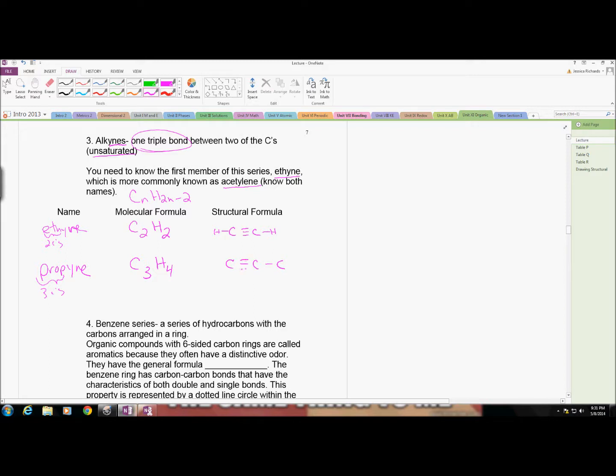Again, put the triple bond on carbon number 1 to make things easy. This first carbon needs 1 more bond to give him a total of 4. This middle carbon already has 1, 2, 3, 4 bonds, so he doesn't need any hydrogens. And the last carbon needs 3. Again, the most common mistake is to put too many bonds on this middle carbon because he doesn't have any hydrogen. So there's a nice easy pattern to the hydrocarbons.